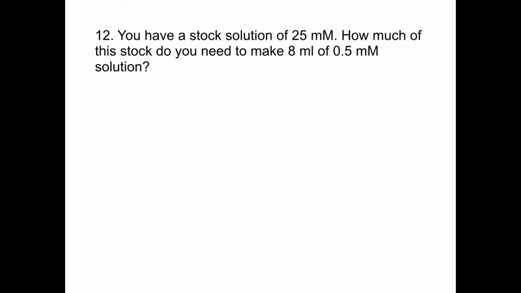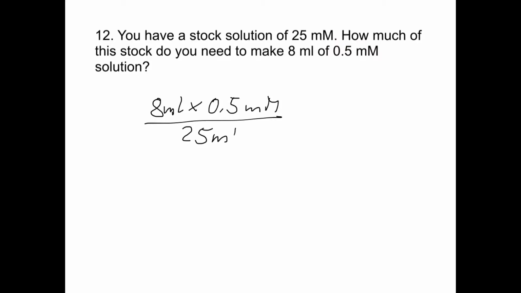This question is again very similar to the previous question. So again we have a stock solution, and what we can say is that the doctor wants 8 milliliter of a 0.5 millimolar solution, so that's our diluted solution. So we have 8 milliliter times 0.5 millimolar. That is what we want, and we have only 25 millimolar.